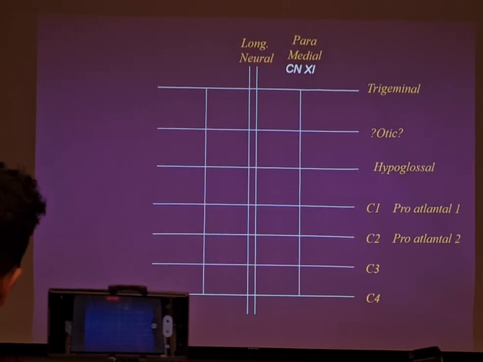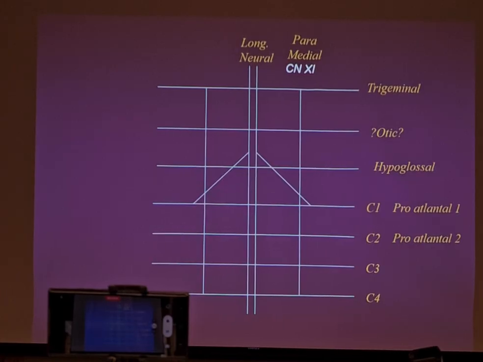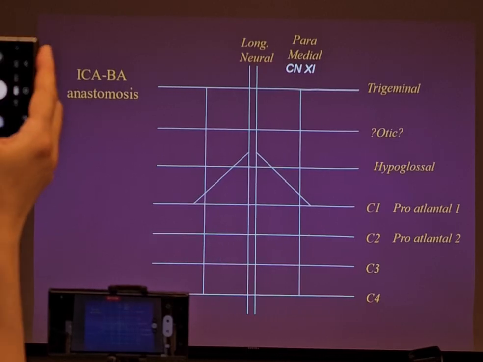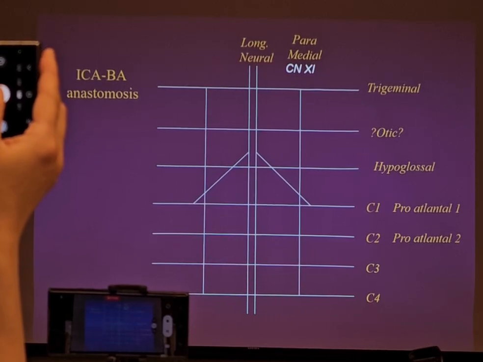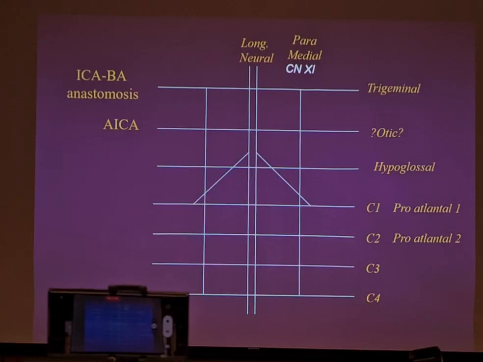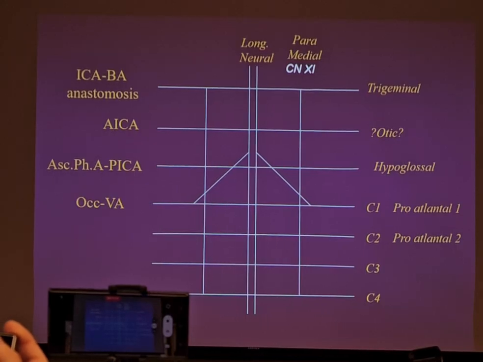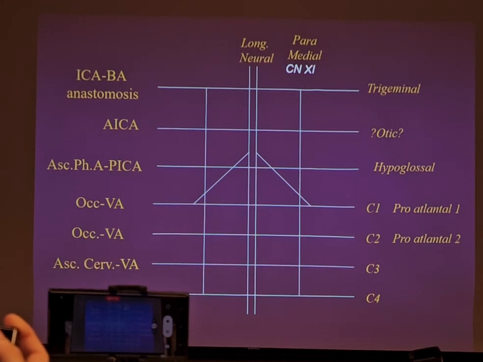And as I talked to you, there is a kind of pyramidal axis. And then the equivalent of trigeminal later on will be the internal carotid and basilar anastomosis. The otic will for sure be the ICA. And the hypoglossal is a system of ascending pharyngeal and PICA. While the pro-atlantal 1 and pro-atlantal 2 are the occipital vertebral system. And C3, C4 for sure is the ascending cervical and vertebral system.